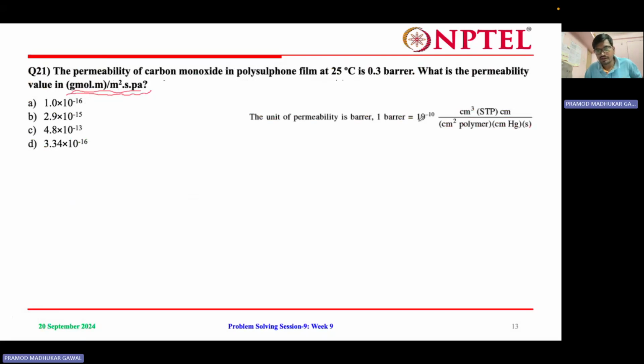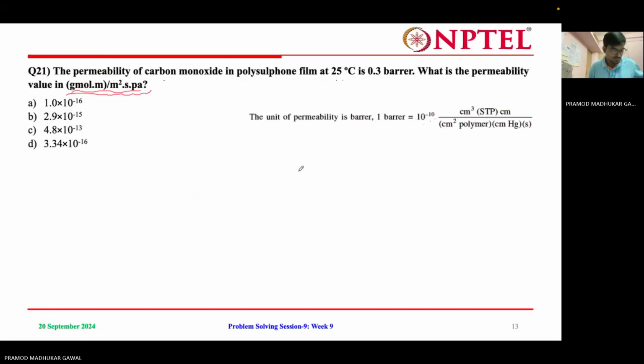One barrer equals 10 to the power minus 10 times the unit centimeter cube at STP, standard temperature and pressure, times centimeter per centimeter square times centimeter Hg times second. At standard temperature and pressure, the temperature is 0 degrees Celsius and pressure is 1 atm.